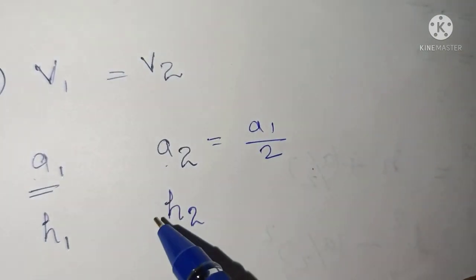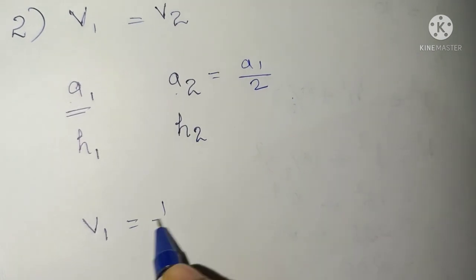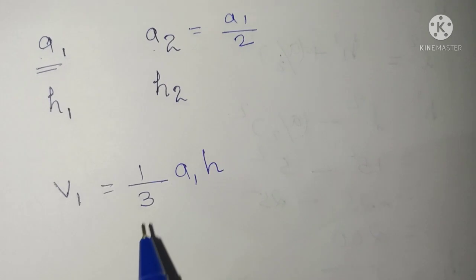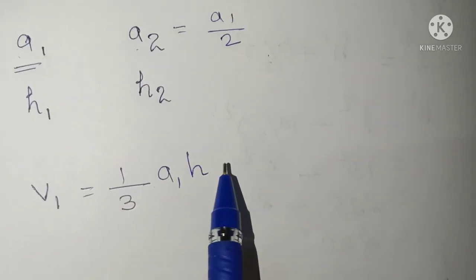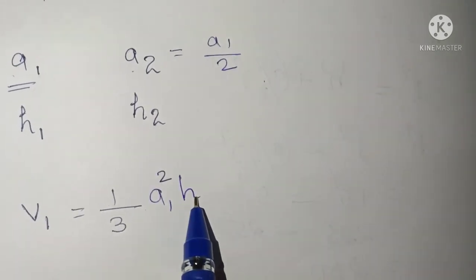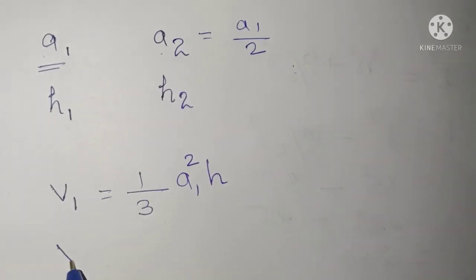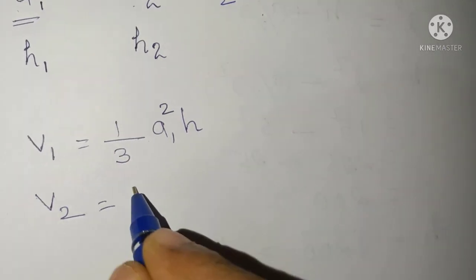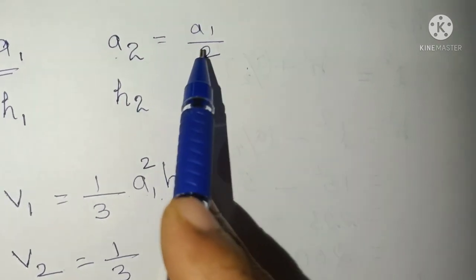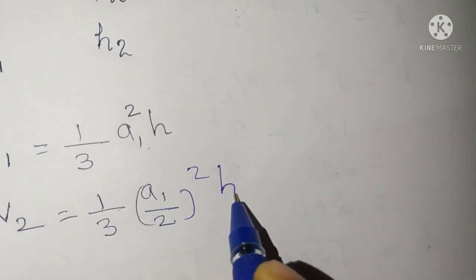So how do we find the volume of both? What is the volume of the first one? Volume of the first one is equal to 1 by 3 A1 square H, that is 1 by 3 into the area of the base. V1 is equal to 1 by 3 A1 square H1, and V2 is equal to 1 by 3 into, here A2 is A1 by 2, so A1 by 2 the whole square H2.